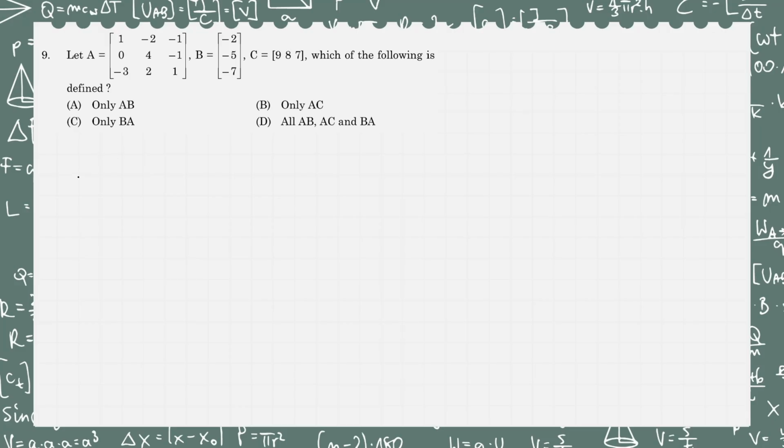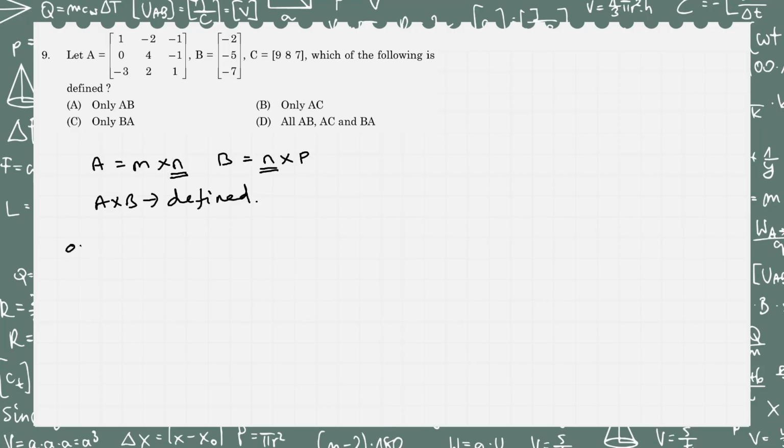See, you guys very well know that when the order of one matrix is m by n and the other matrix has the order n by p, then only A cross B is defined. Correct? So the number of columns in the first matrix and the number of rows in the second matrix both should be matching. Then only that product of matrices is defined here.